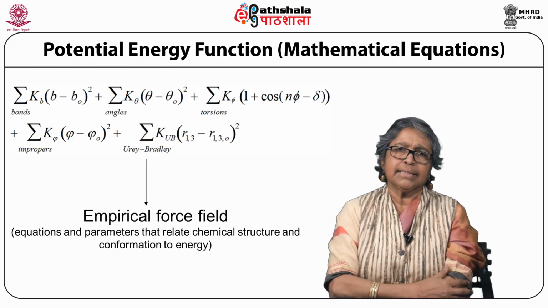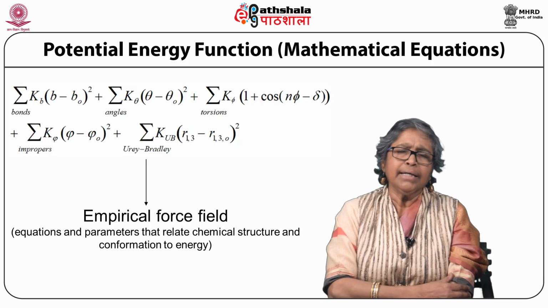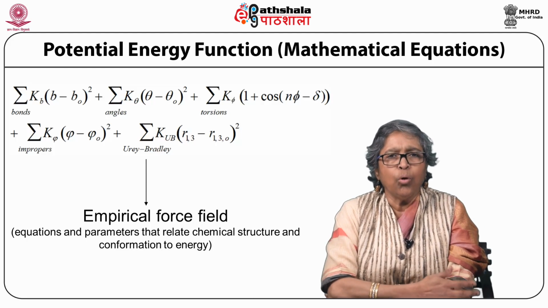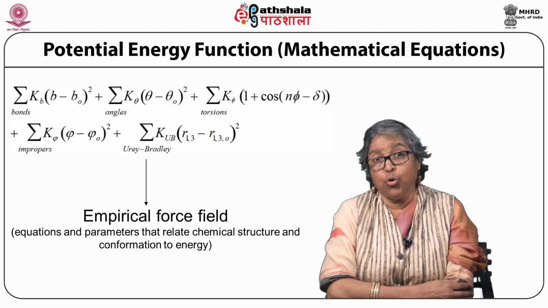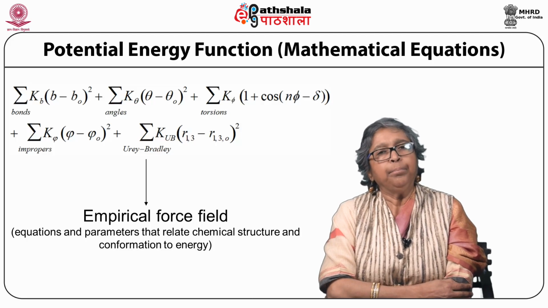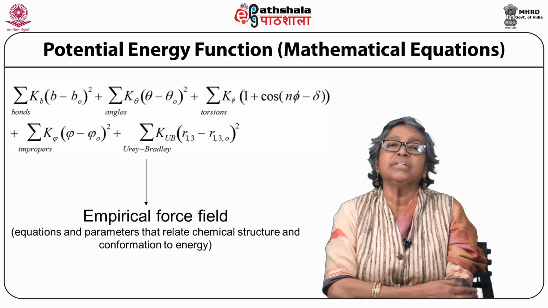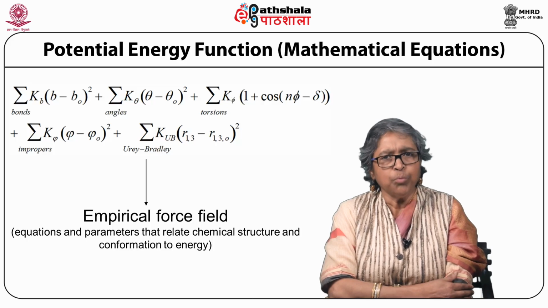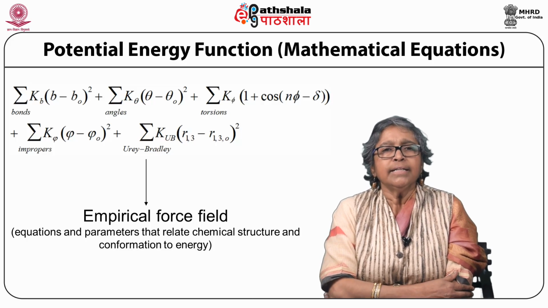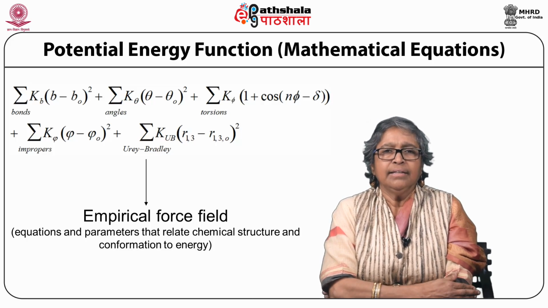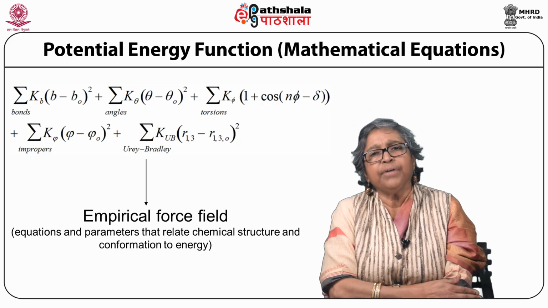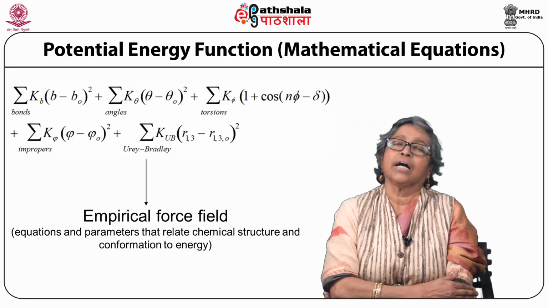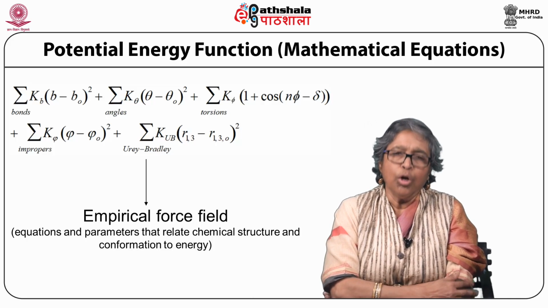These parameters like Kb, K theta, K phi, etc. are derived from knowledge already known from spectroscopic and other experiments, and b zero, the equilibrium distance, comes from the X-ray structure of small molecules. This equation basically relates the energy function or conformational energy function with the structure of the molecule.